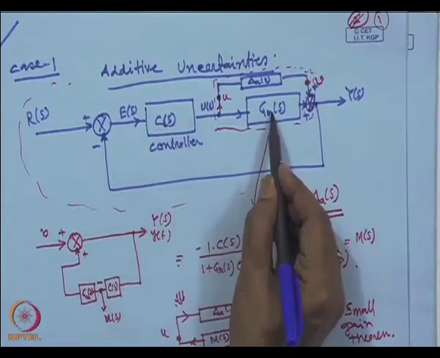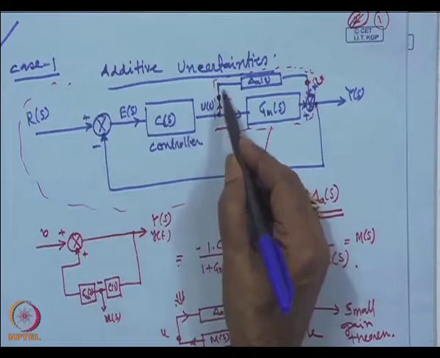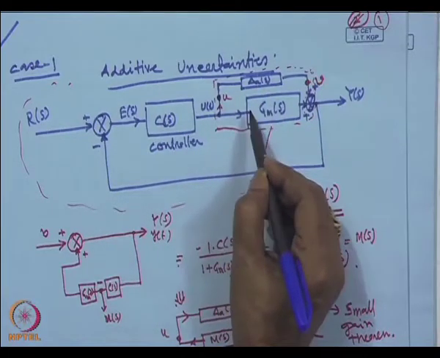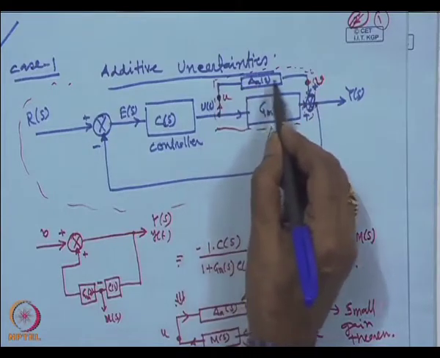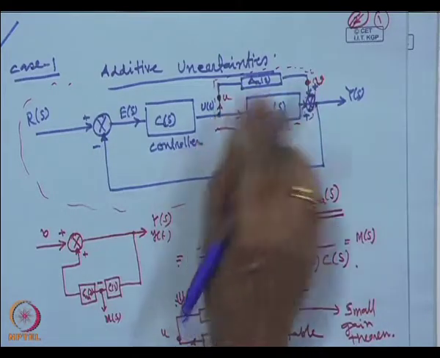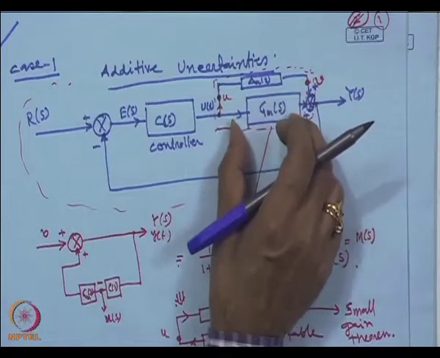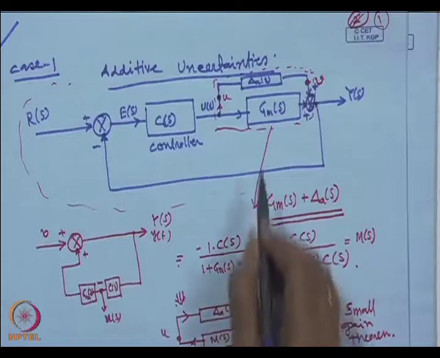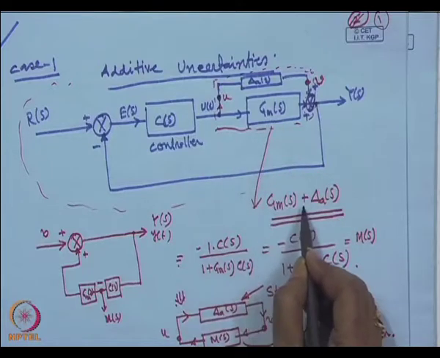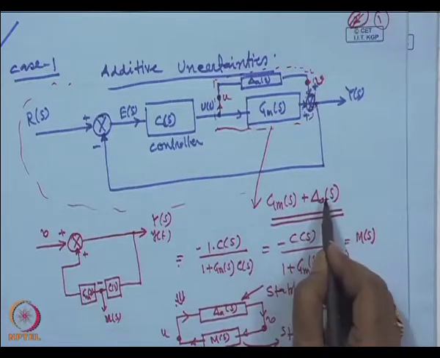The controller is designed based on the plant model, and the discrepancy between the actual plant and the plant model we have compensated with a delta A, which is connected across the plant. So, this is nothing but additive: with the plant model, the perturbation model is added.